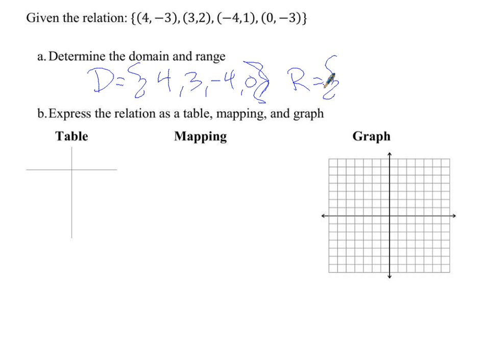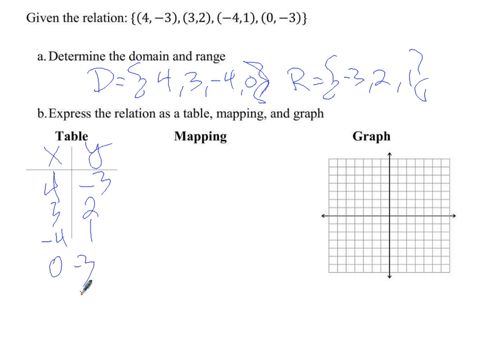Good, we're not repeating that -3. Okay, as a table, somebody else. X and Y. Yep. Good. Mapping, what do we do? Somebody else.